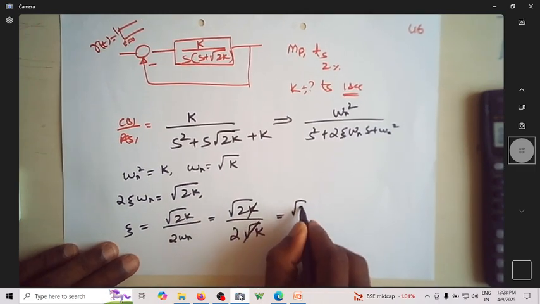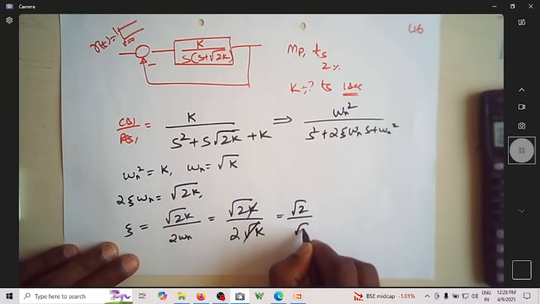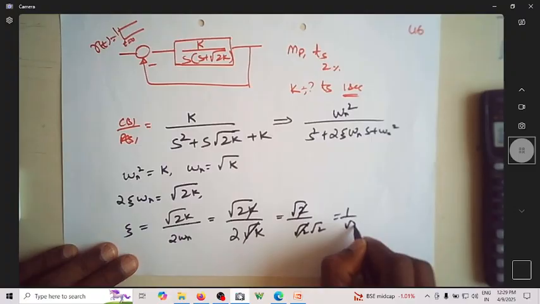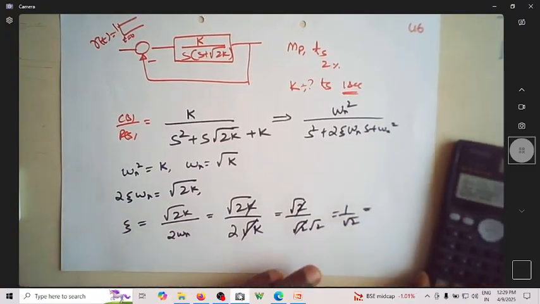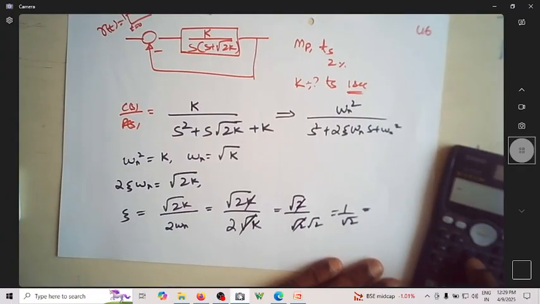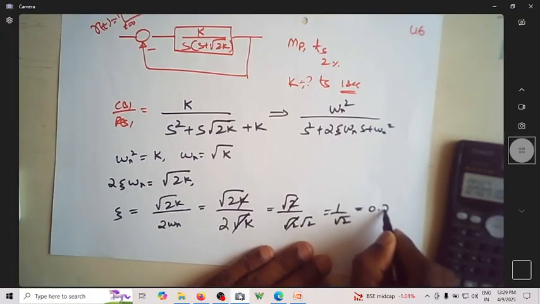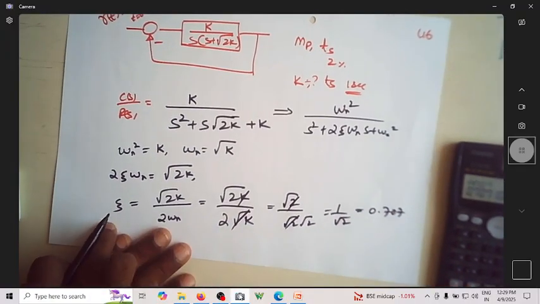So this is root 2 over 2 root 2, so this is 1 over root 2, which is 0.707. This is the value of ζ.